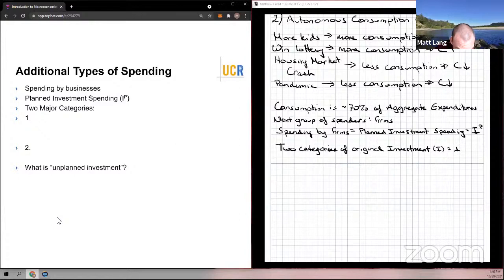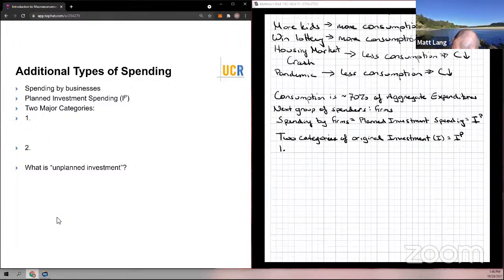The first category is going to be capital spending. So buying machines, software. What else? Technology, R&D. All those things that go into our capital spending.